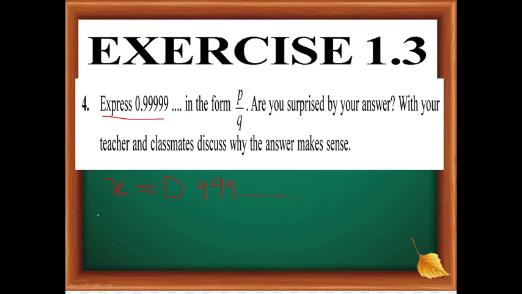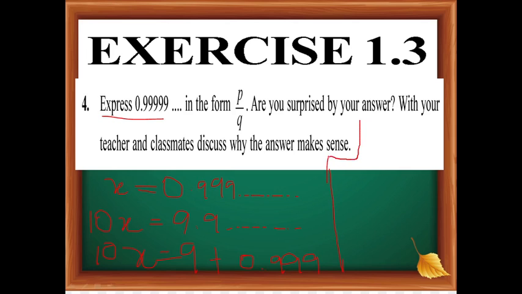What we should do here is multiply 10 to both sides, LHS and RHS. We will get 10x is equal to 9.9 bar. So 10x as it is, and then we can split 9.999 as 9 plus 0.999.